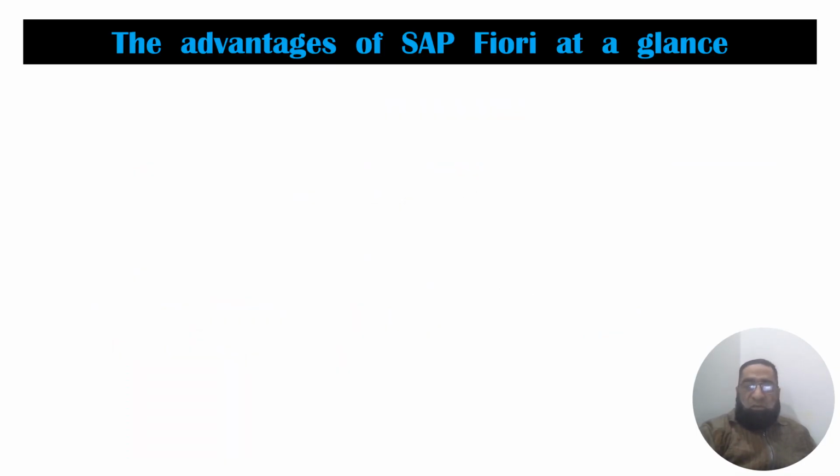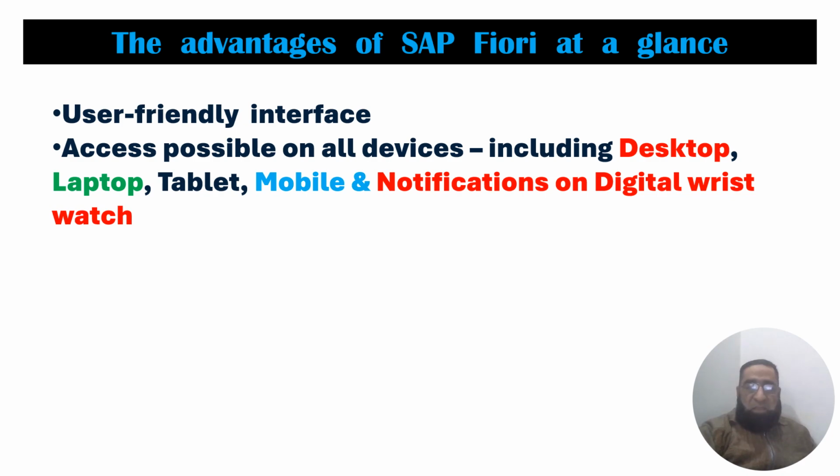The advantages of SAP Fiori at a glance. It is a user-friendly interface, with access possible on all devices including desktop, laptop, tablet, mobile, and notifications on a digital wristwatch are also possible.